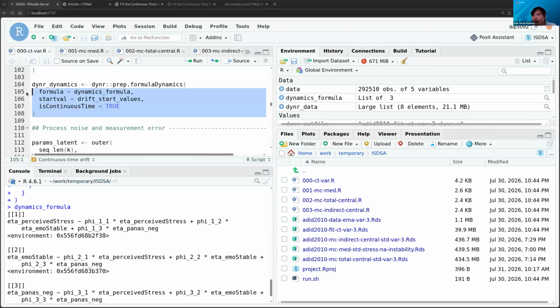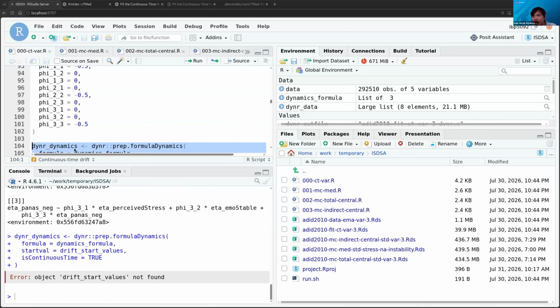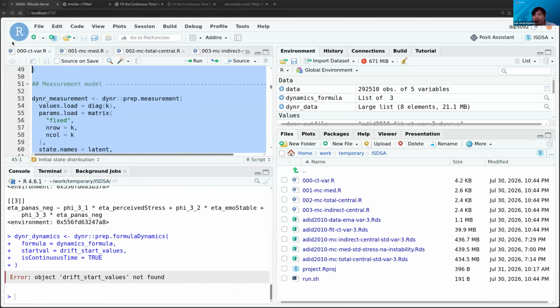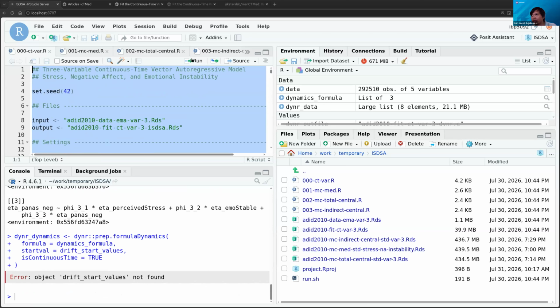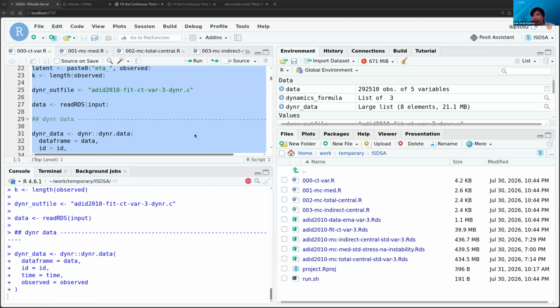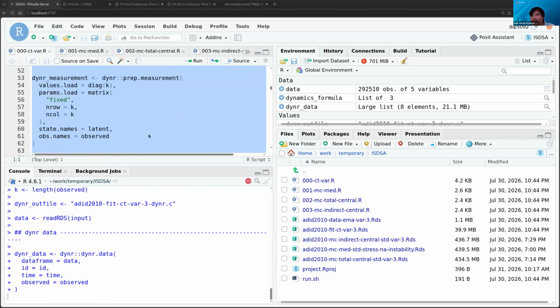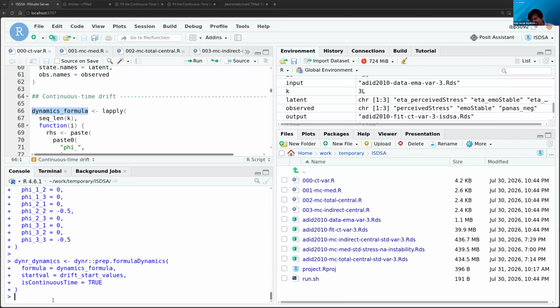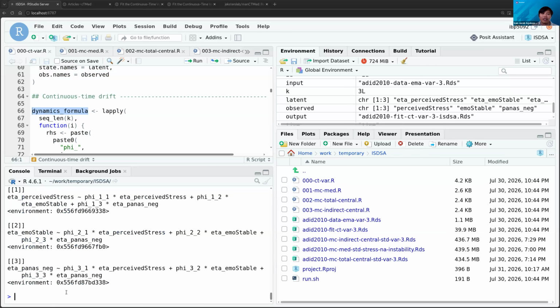And then you prep the formula. If you are familiar with the lm function in R, what we're doing is creating a formula in the same spirit as the lm function.